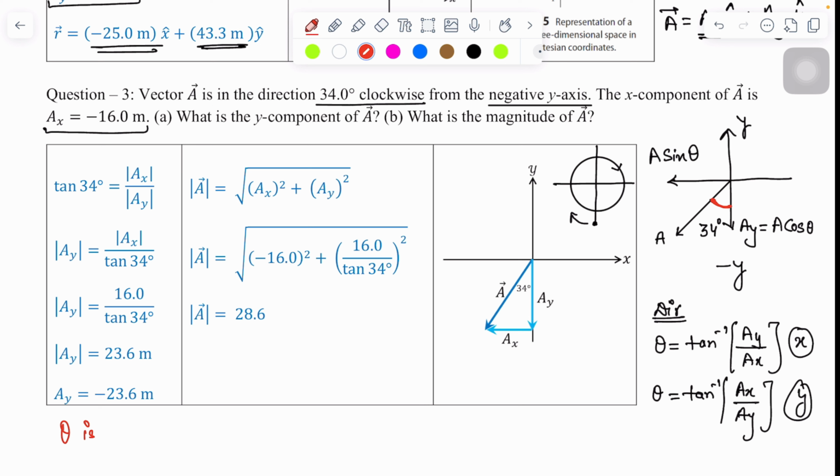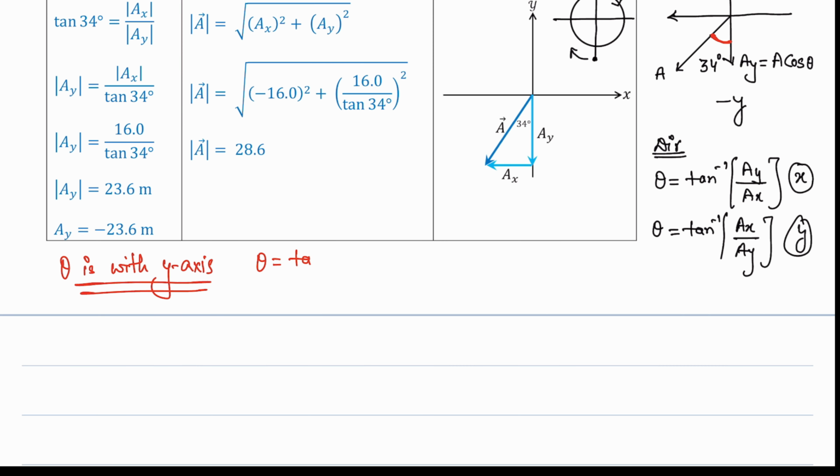Theta is with the y-axis. Yes or no? Okay, so which angle will I use? Theta equals tangent inverse Ax over Ay. Fine. Sure. Okay, so the angle is already given, 34. So can I use this like this? Tangent 34 degree, take this side, tangent equals Ax over Ay.